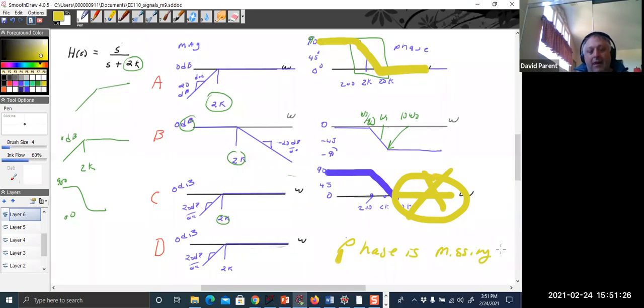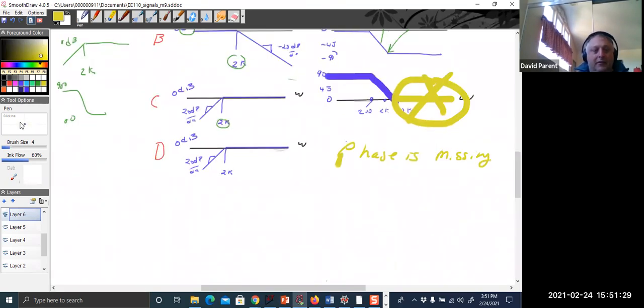Let's look at the transfer function where S equals J omega. So we have J omega divided by J omega plus 2K, I believe. These are in Cartesian coordinates, so I have a real part and an imaginary part.